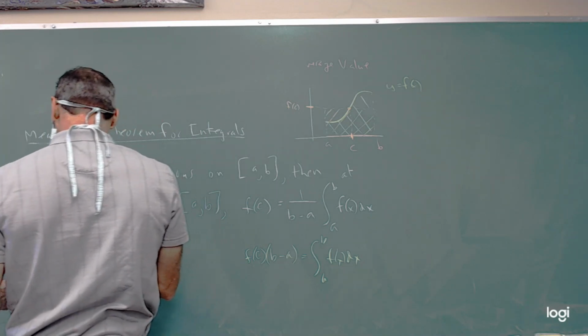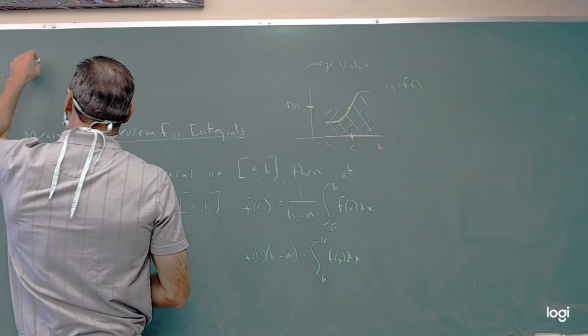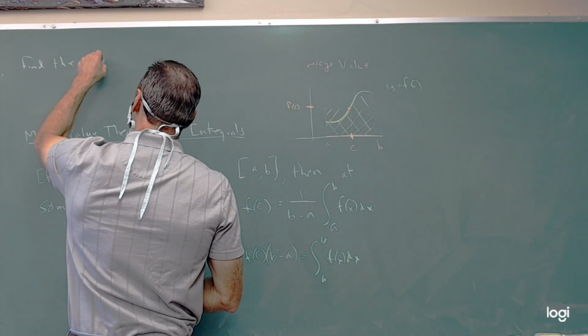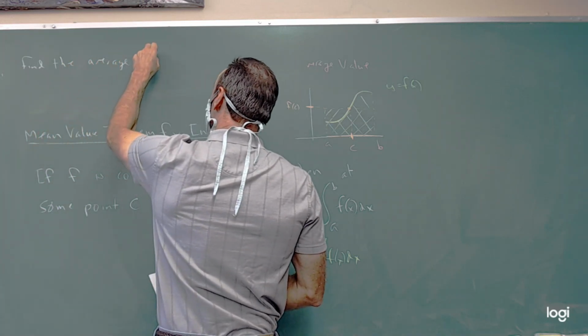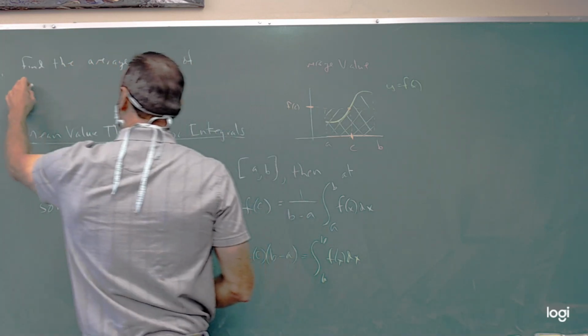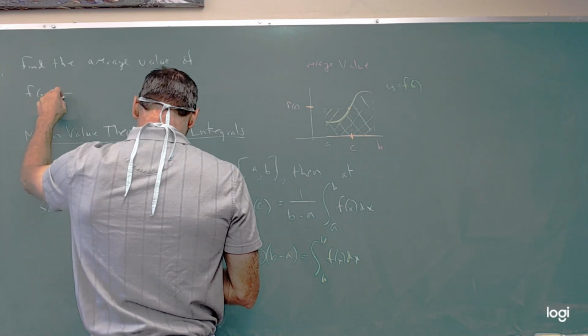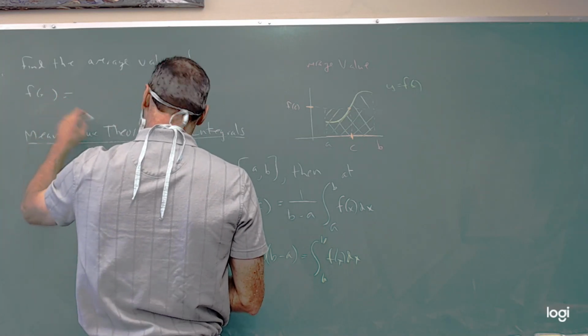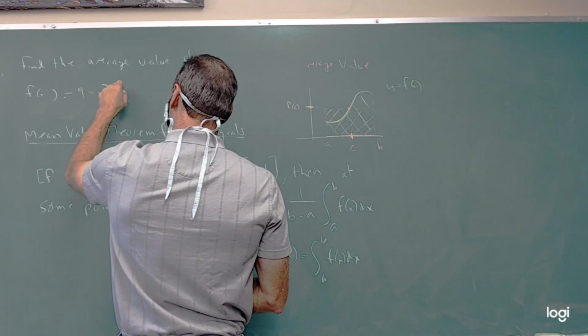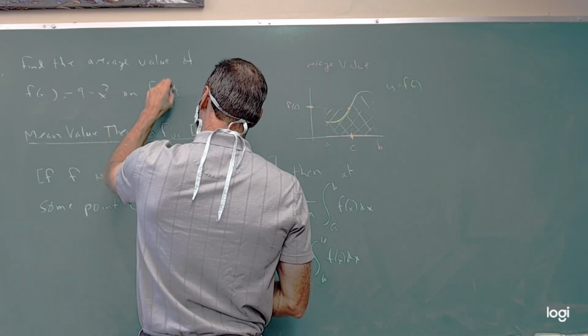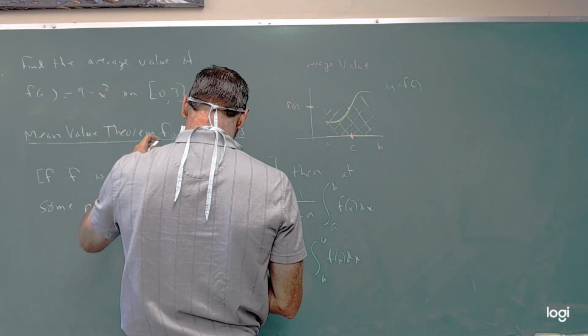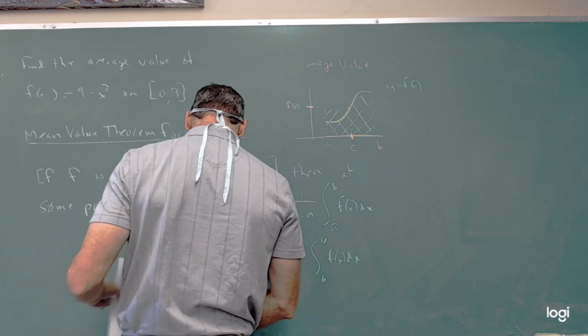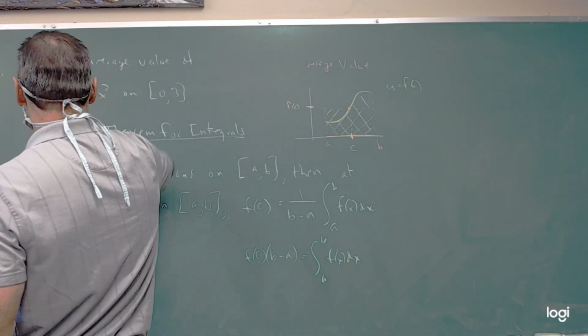So find the average value of f of x equal to 9 minus x squared on the interval from 0 to 3. And then I'll ask the question, but we've already kind of answered it.